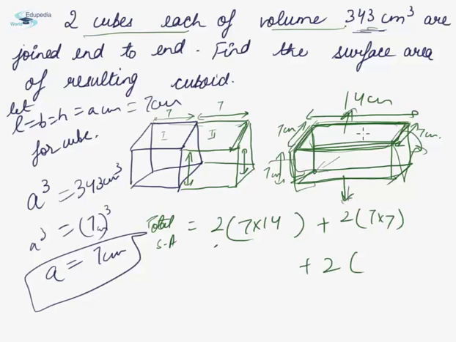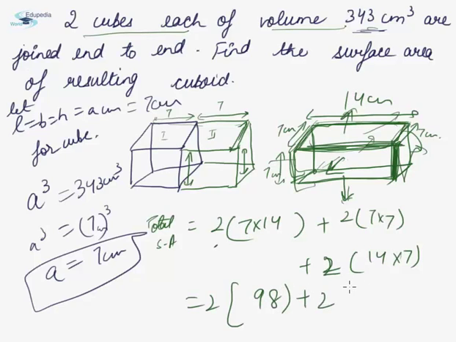Now for the front and back faces, again it will be this length, that is 14, into this height, that is 7. Again 2 because we are taking both the front and back faces. So it is 2 into 14 into 7, which is 98, plus 2 into 7 into 14; we can take 2 into 7 common between these two terms and we will have 7 plus 14.